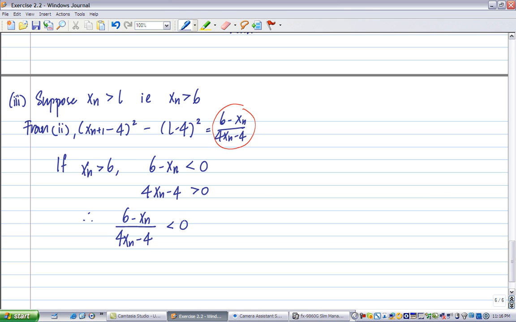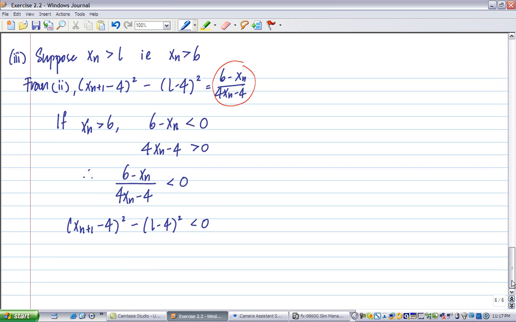So since the right hand side is less than 0, xn plus 1 minus 4 squared, minus L minus 4 squared, is less than 0. Agree? Next, L is equal to 6. Let me substitute in.